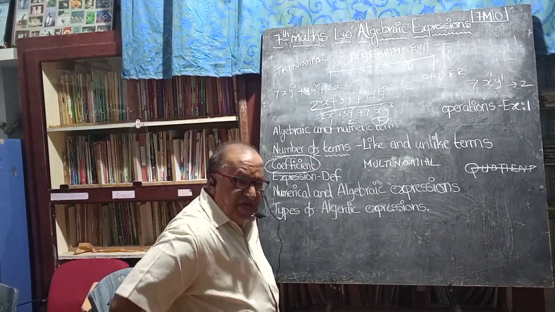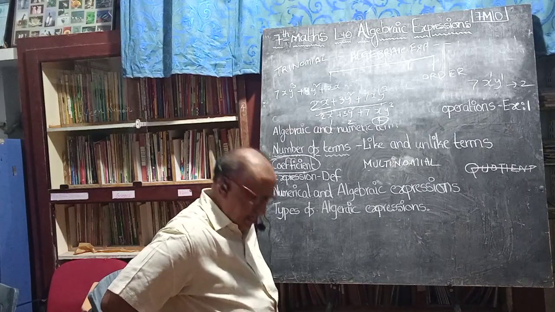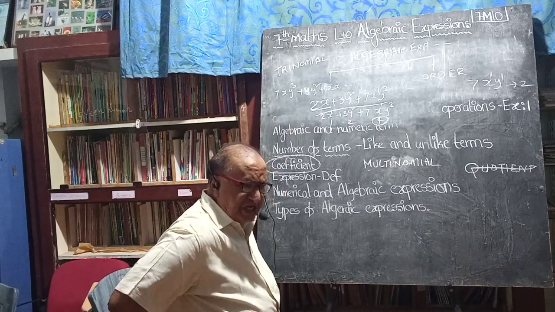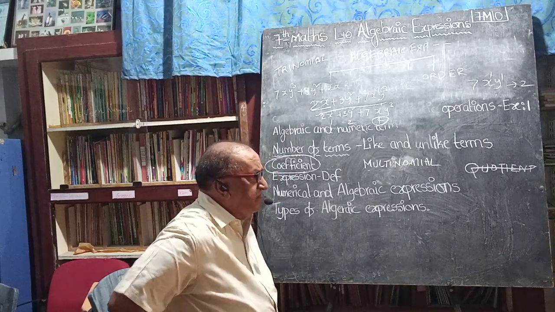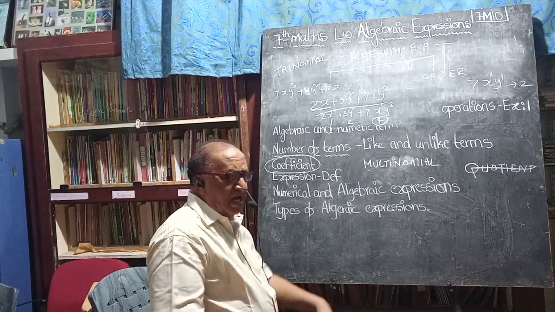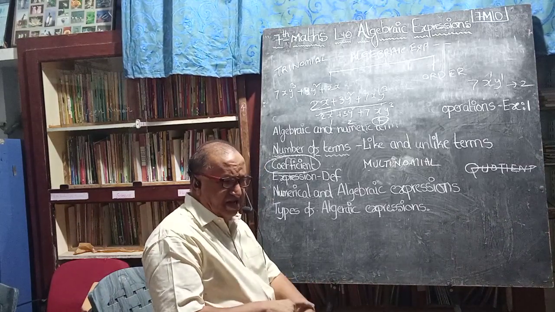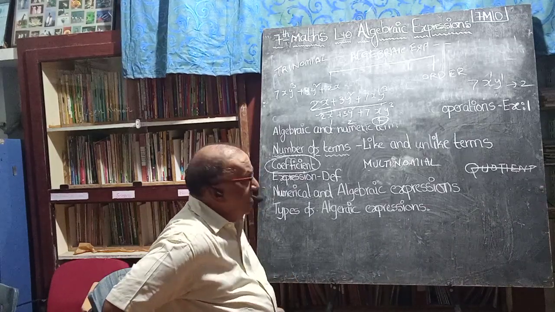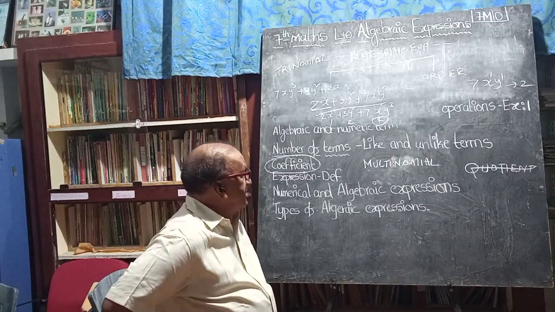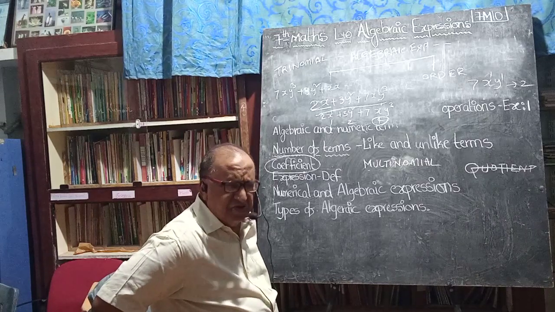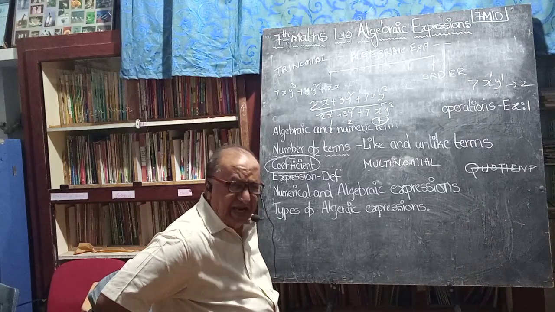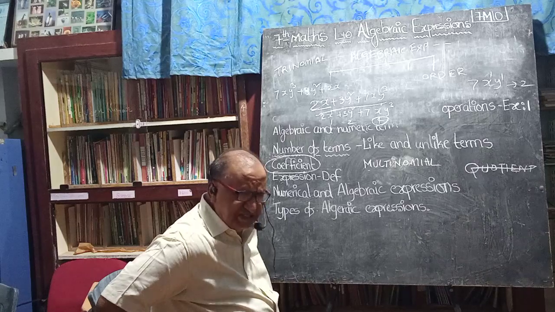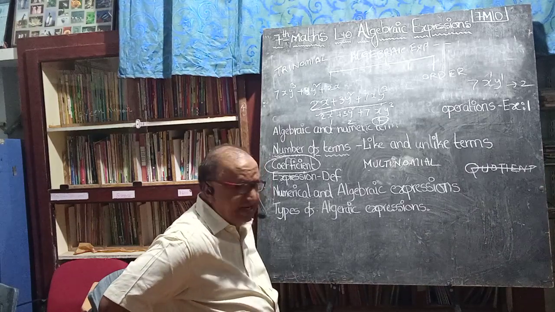Today we are learning about algebraic expressions. Before that, what did I tell you? I taught you what is a constant, what is a variable, and what are all the operations. Fundamental operations are plus, minus, multiplication and division.